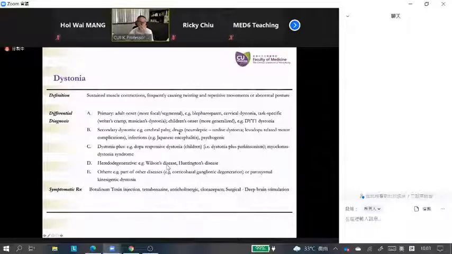So there are other secondary causes such as drugs, and you had the psychiatry rotation in 5th year. Not sure whether you observed any patients with severe antipsychotic, neuroleptic-induced tardive dystonia.